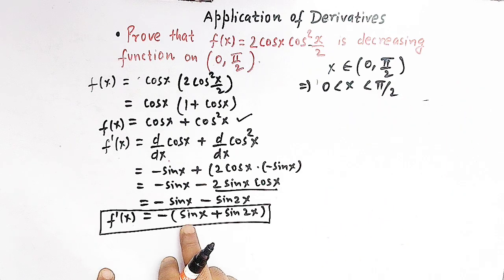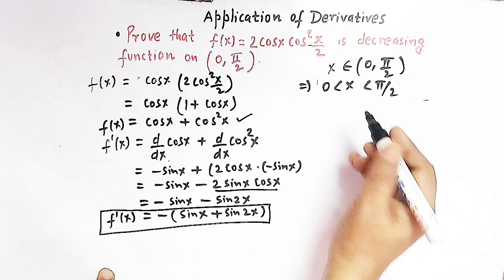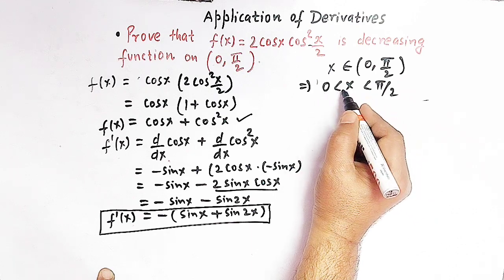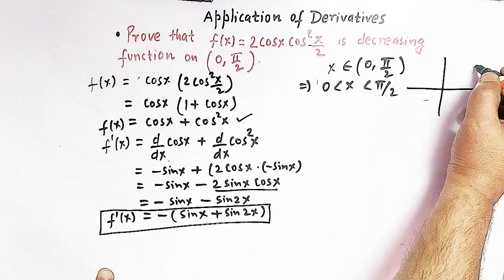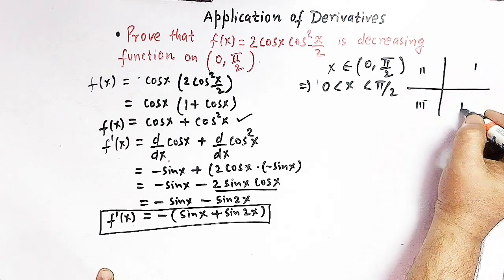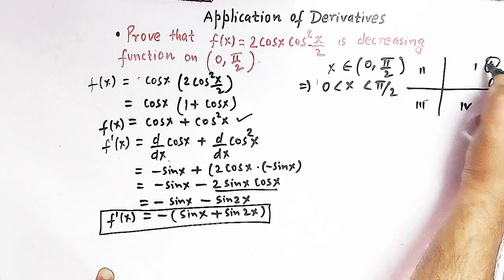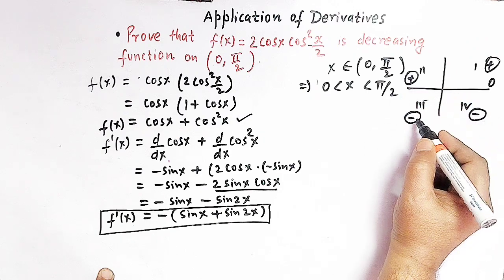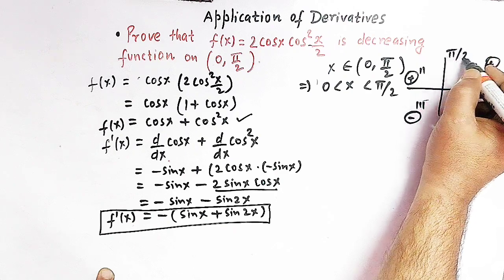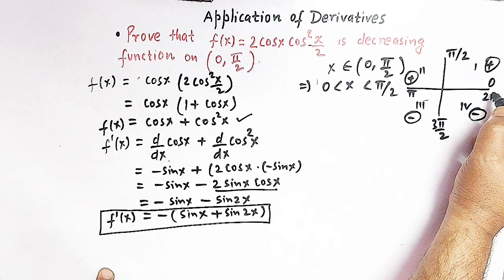Now here we have the combination of two terms, that is the sum of sine x and sine 2x, right? And when x is greater than 0 but less than pi by 2, it implies that we are in the first quadrant, right? And from trigonometry we know that the sine function is positive in the first and second quadrant, and it is negative in the third and fourth quadrant. So here we have pi by 2, here we have pi, this is 3 pi by 2, and here we have 2 pi.